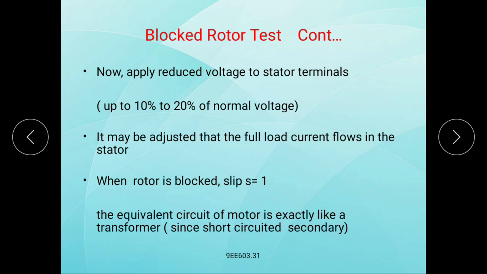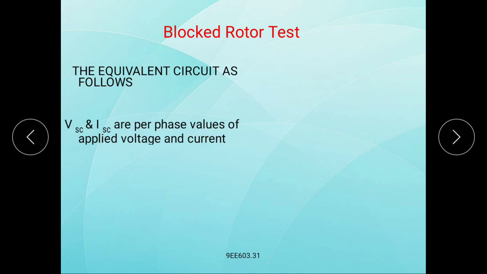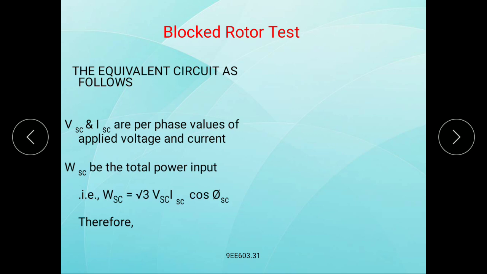Now the equivalent circuit of the motor is exactly like a transformer with short circuited secondary. So the equivalent circuit is as follows: VSC and ISC are the phase values of the applied voltage and current. WSC is the total power input, that is root 3 VSC ISC cos phi s.